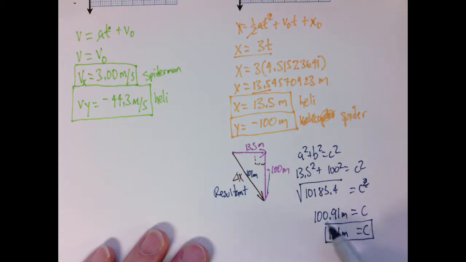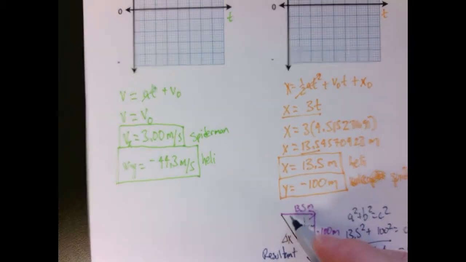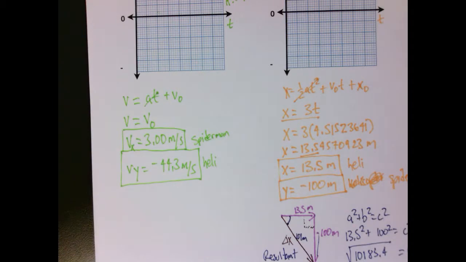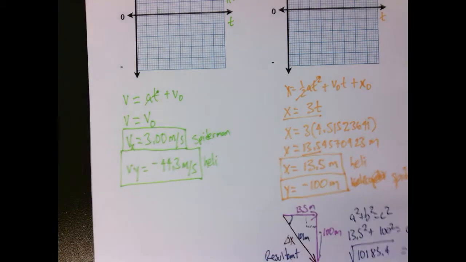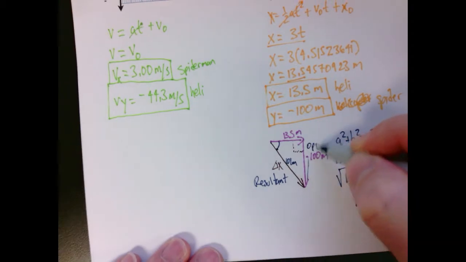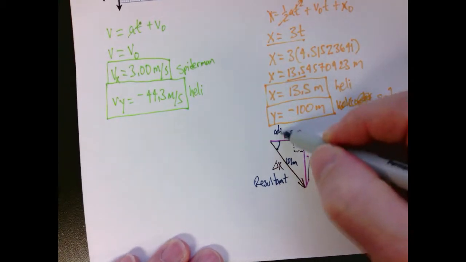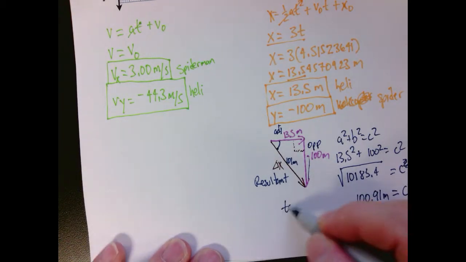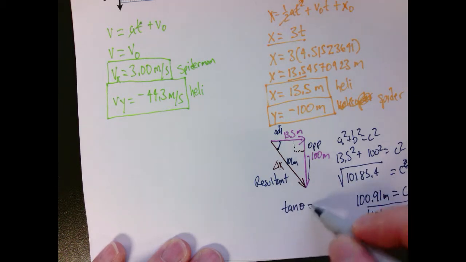And of course, for it to be a vector, we need to describe the direction, which would be that angle. And that angle, we could call this the opposite side, and this the adjacent side. And we know that the tangent of that angle theta is the opposite, 100, over 13.5.